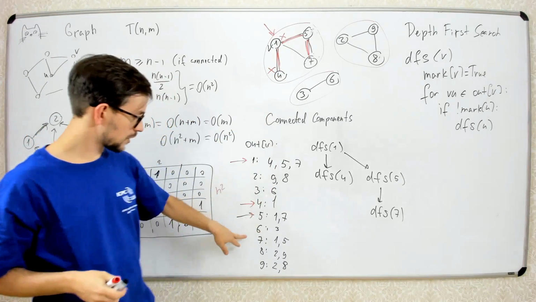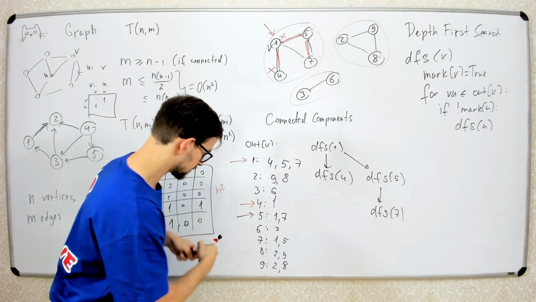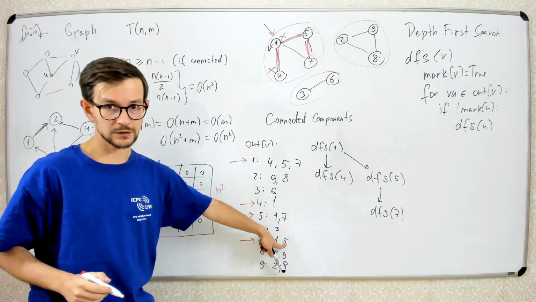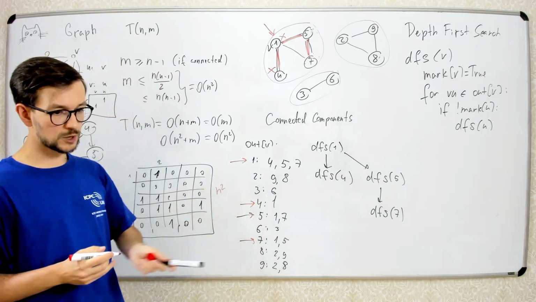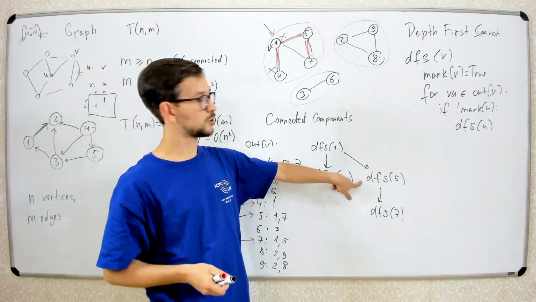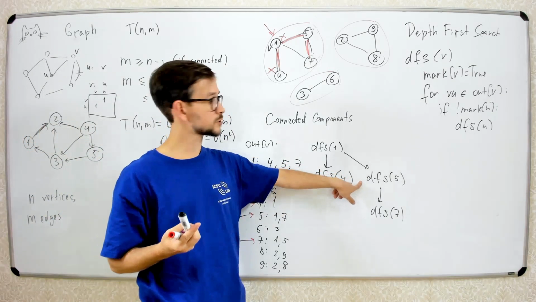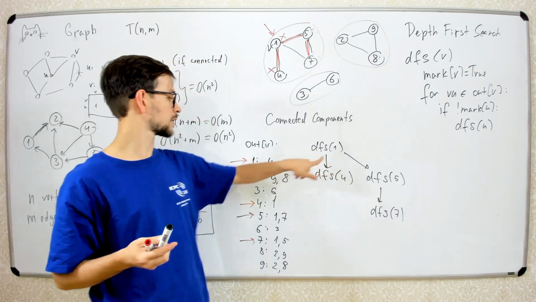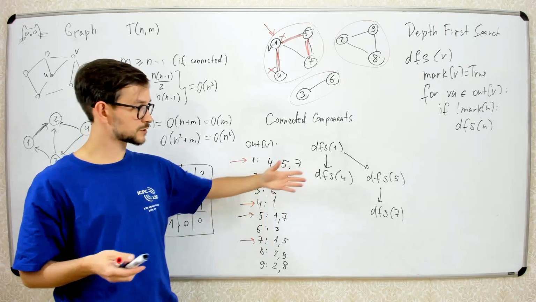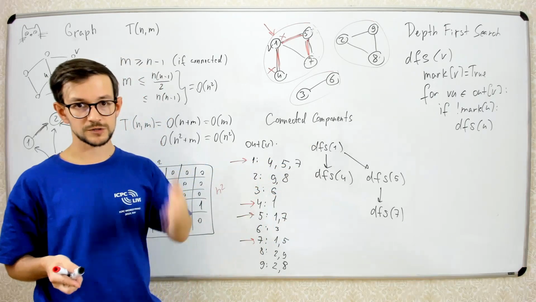Node 7 has 2 neighbors. They both are marked, so we don't go anywhere. The recursion ends. We go back to node 5. Node 5 has no more neighbors, so we go back to node 1. Node 1 has neighbor 7. It's already marked. So that's all. That's the whole recursion tree.